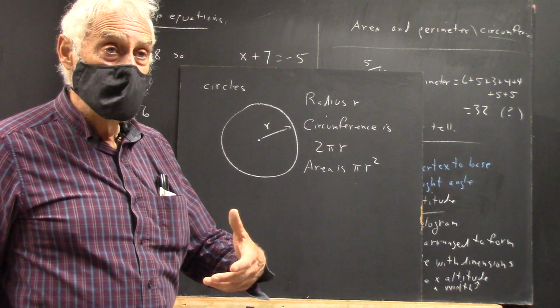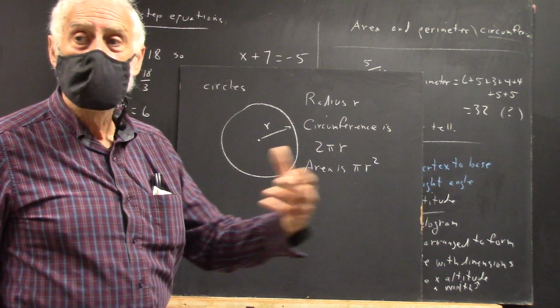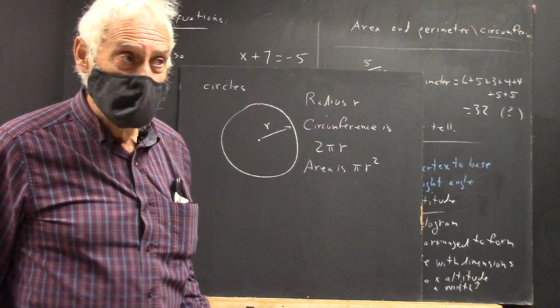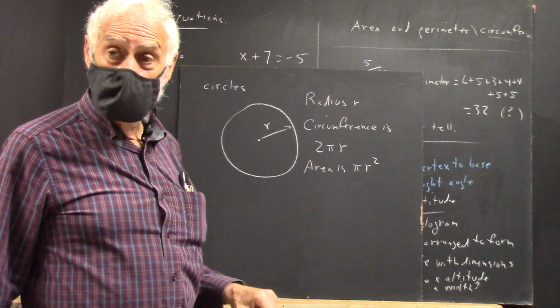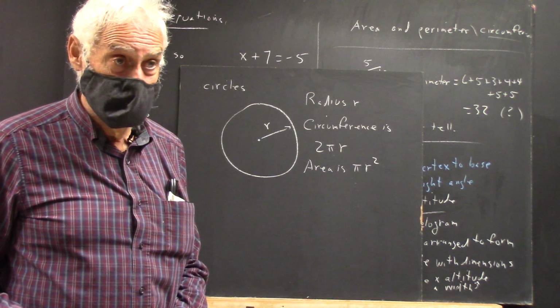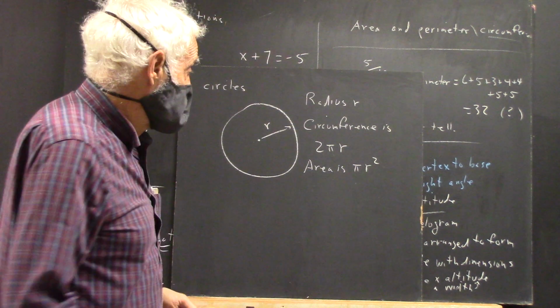Well, if r is in feet, then r squared is in feet squared, which is square feet. You don't measure distance in square feet, you don't measure area in feet. Okay?